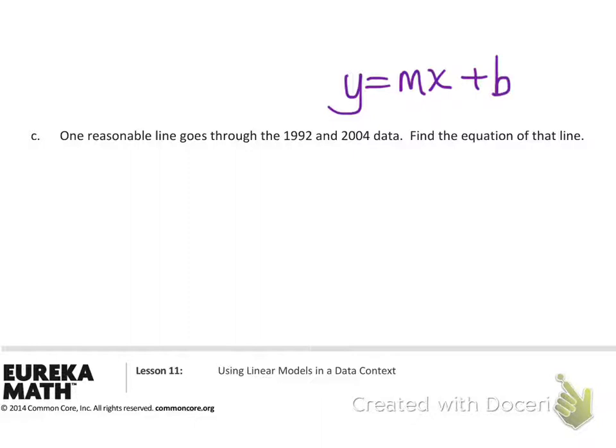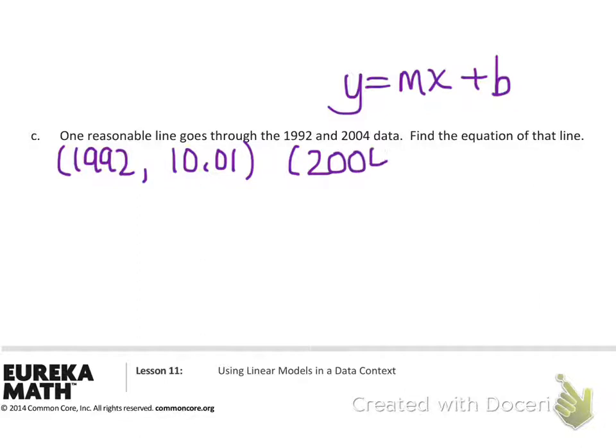And the 1992 data are: 1992, the mean time was 10 and 100th. And in 2004, the mean was 9.86, 9 and 86/100ths.